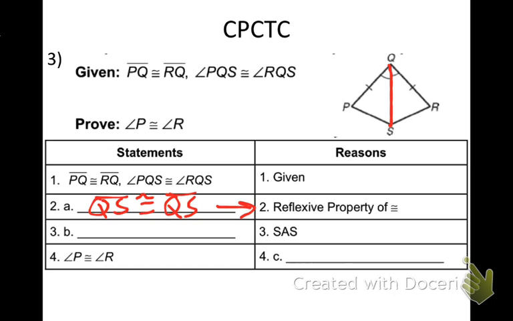Okay, now what do I know, Nathan? PS is congruent to SR. I'm at where the triangles are congruent. Because SAS. So now what do I state? Darren?